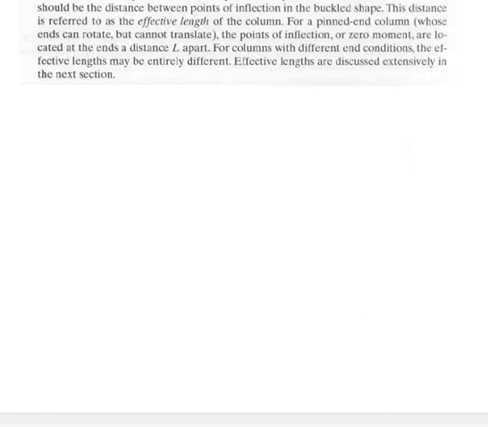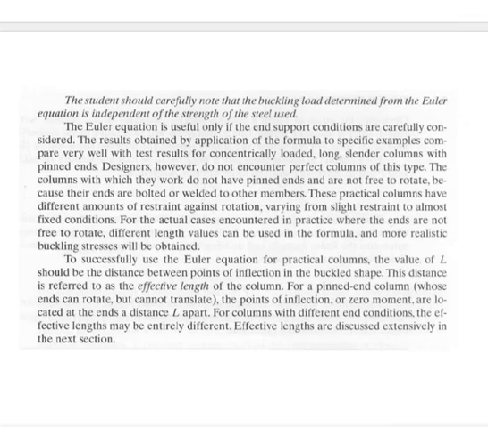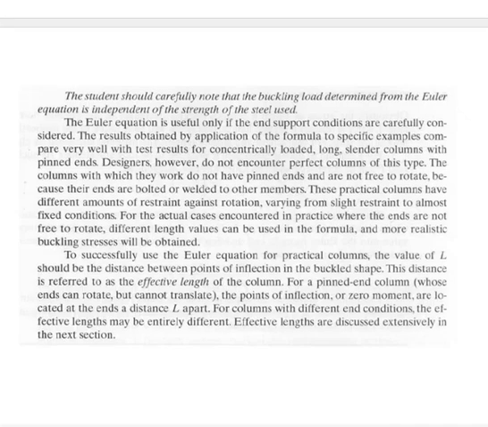Here is one more thing we need to understand. The students should carefully note that the buckling load determined from the Euler formula is independent of the strength of the steel. It does not depend on the value of the yield stress.